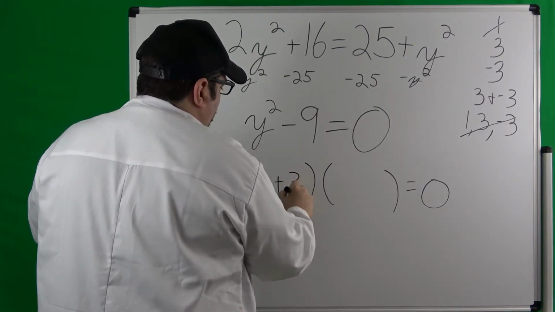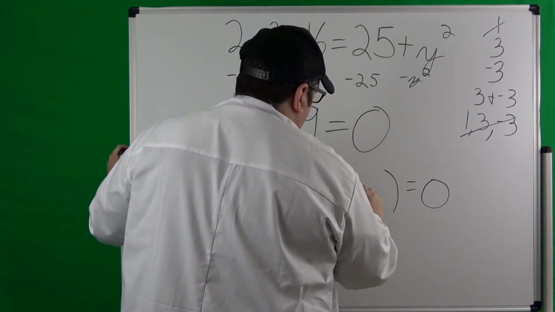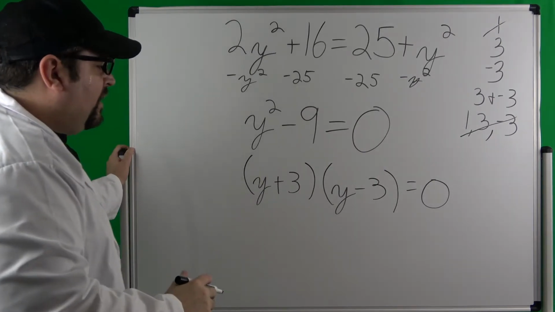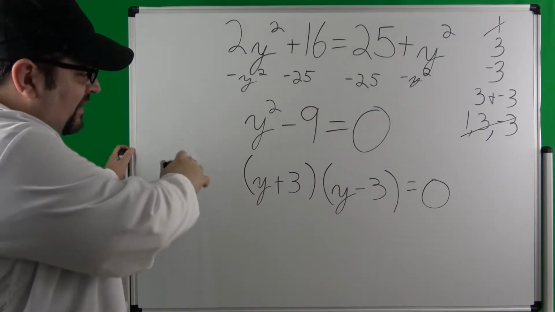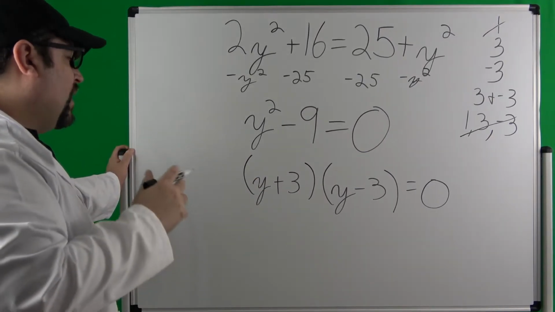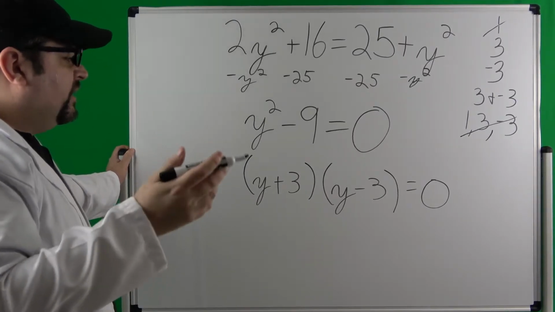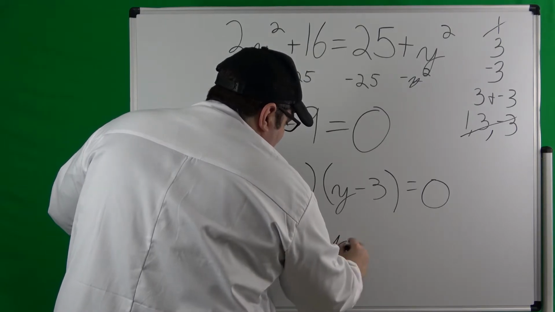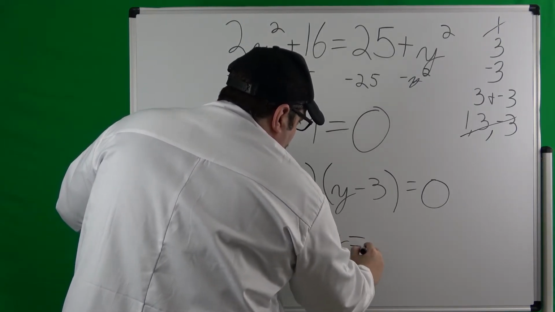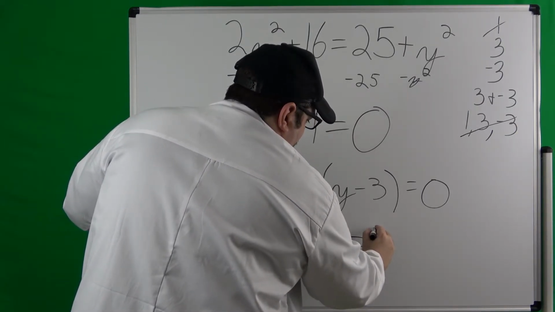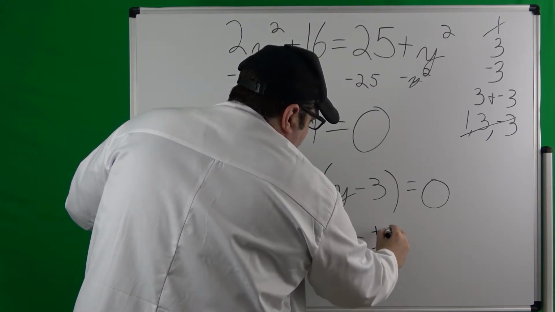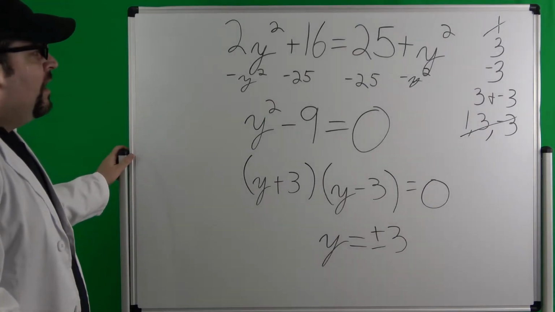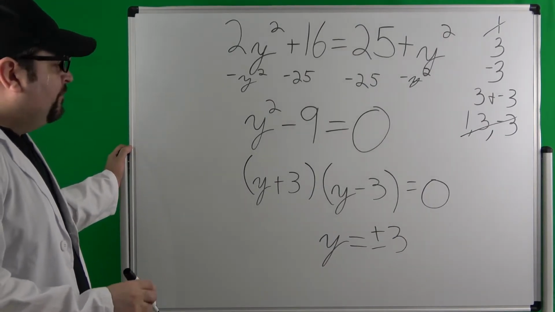Y plus 3 and y minus 3, the opposite signs there, equals 0. And you would set each factor equal to 0. Y plus 3 equals 0, and y minus 3 equals 0, and solve. But, of course, if we're taking the SAT, we're smart cookies, right? So we know that's just going to be y equals plus or minus 3. And there you go. So whichever way is easier.